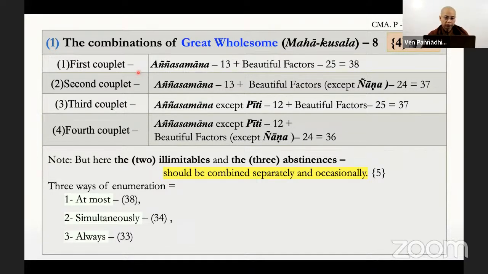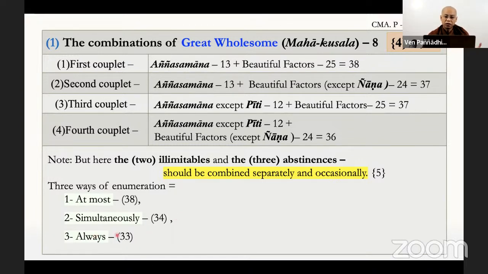So these are the variables for the first couplet. Can you make the second one? For the second, at most, how many? At most, 37. 37 simultaneously? 33. 33, and always 32.